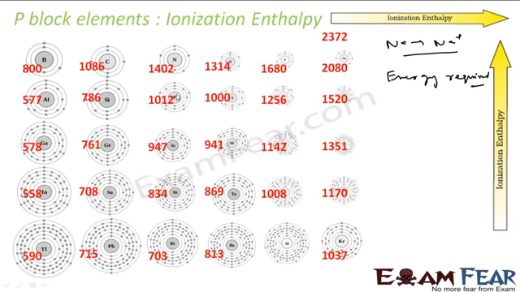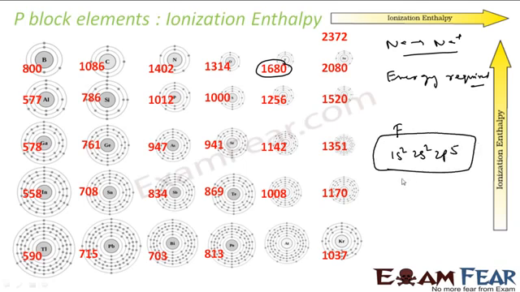If you talk about sodium, which is not in this group but in the s-block, sodium has a tendency to become Na plus easily because it's more stable. So less energy will be required in that case. But if you talk about fluorine, 1s2, 2s2, 2p5, right?